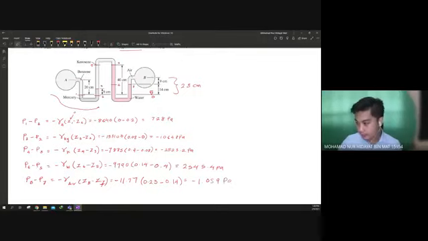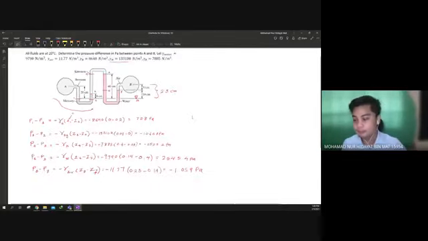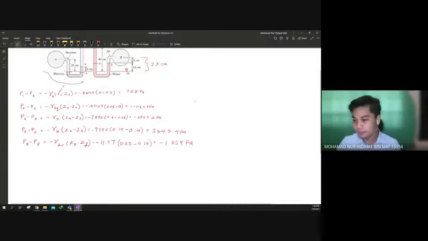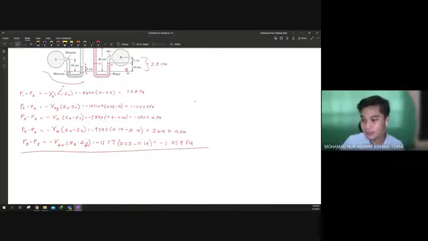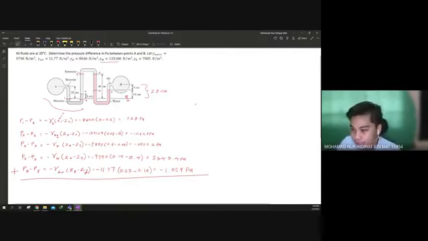You will get negative 1.059 Pascal. So how to get the pressure difference between point A and point B? You must add the whole of this. Okay, plus P1 and P2. Is P1 the same as P2? Okay, you look here.